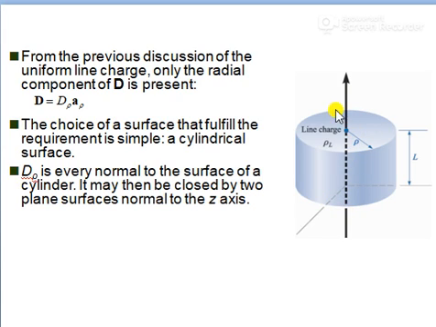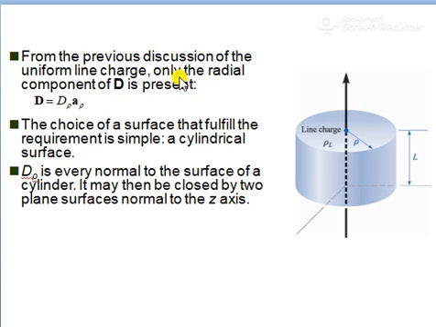Now consider the Gaussian surface as a right circular cylinder with the z axis as its axis and a radius rho, as shown in the figure, and the length of the cylinder is L. The flux density at any point on the surface is directed outwards radially, that is in the a rho direction according to the cylindrical coordinate system.